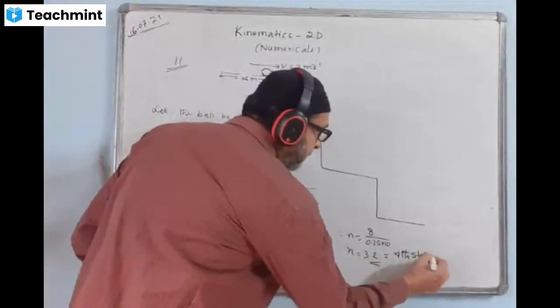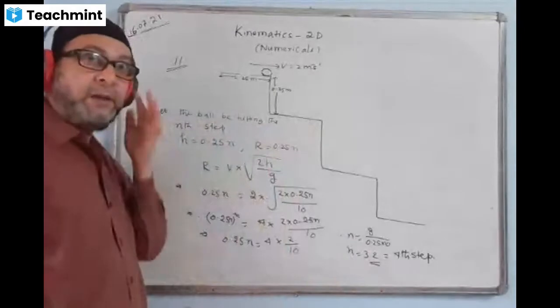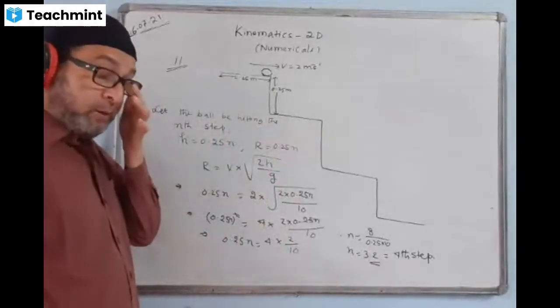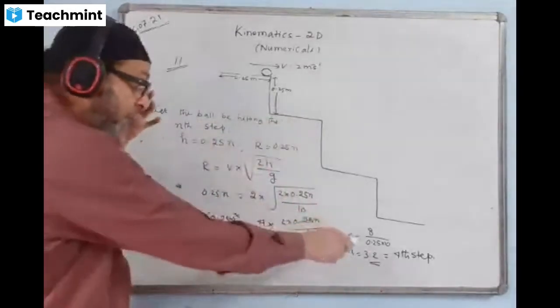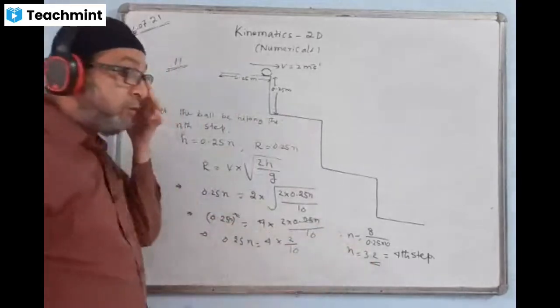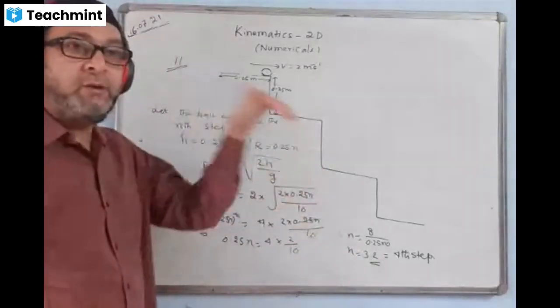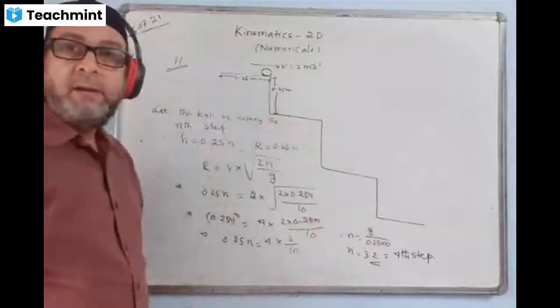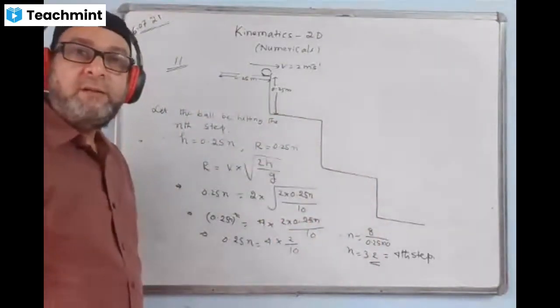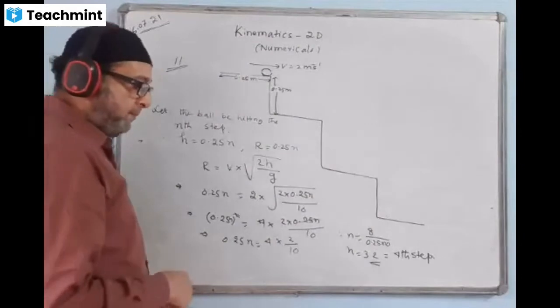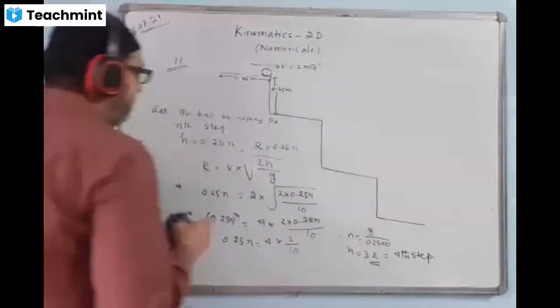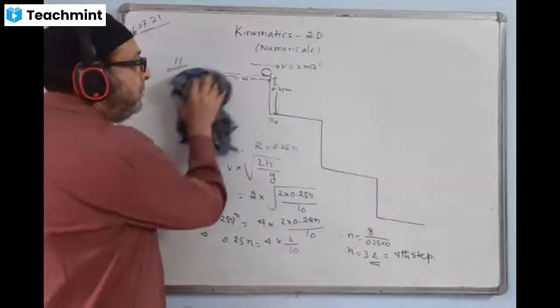The ball will cover three full steps and then 0.2, which is after 3 steps, going further. Definitely the fourth step. That is the answer. Understood?